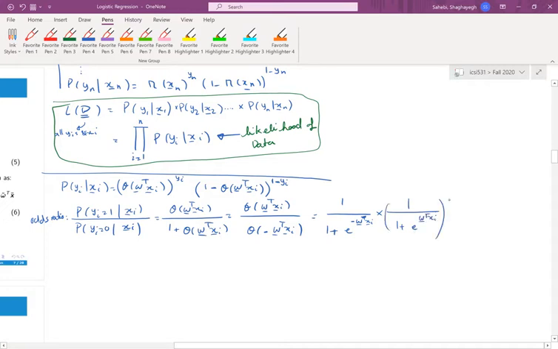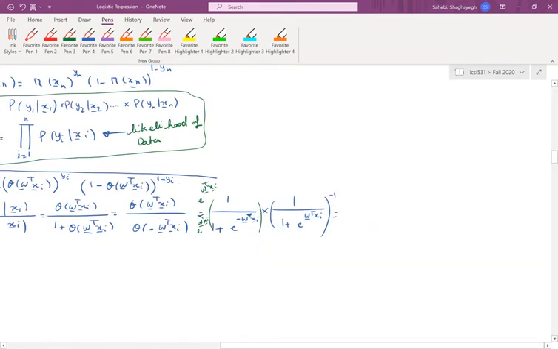Now, if I multiply the numerator and denominator of this one by e to the w transpose xi, what do I get?